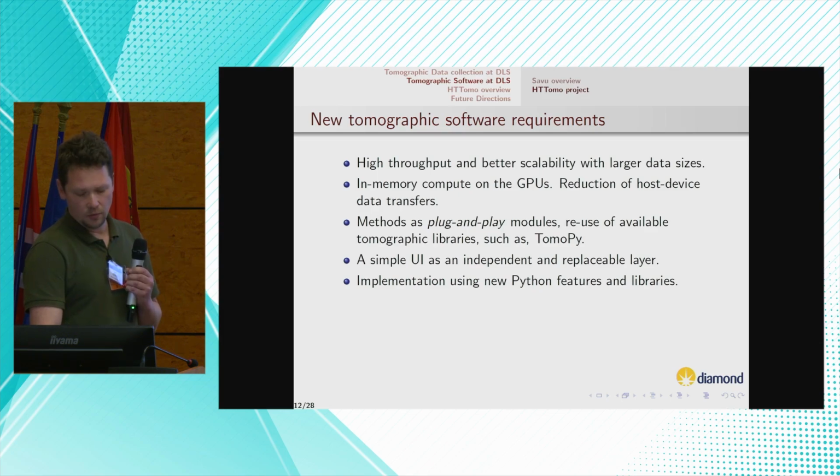Then the methods should be external libraries that we just plug in, so we are not copy-pasting them, if you like, or rewriting them and integrating them in the software.